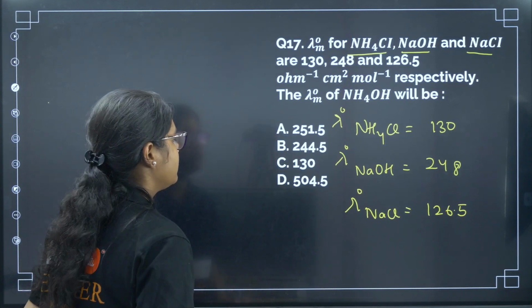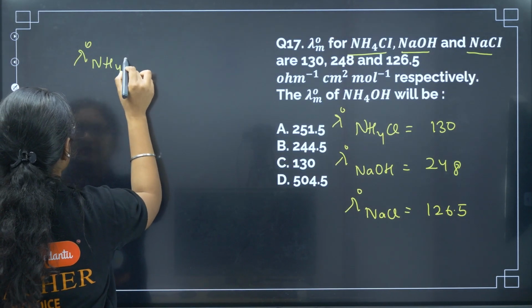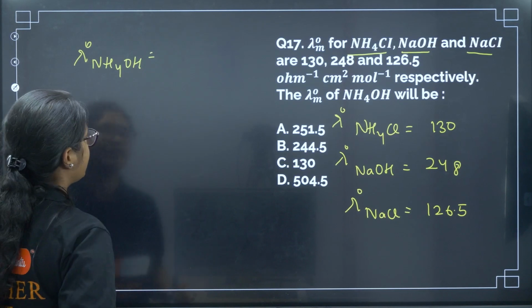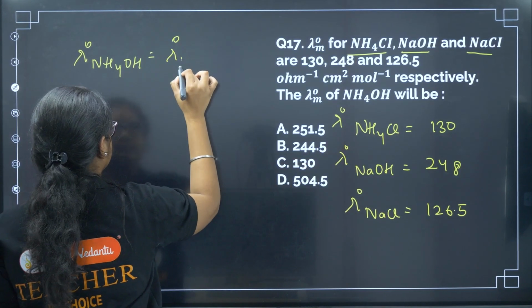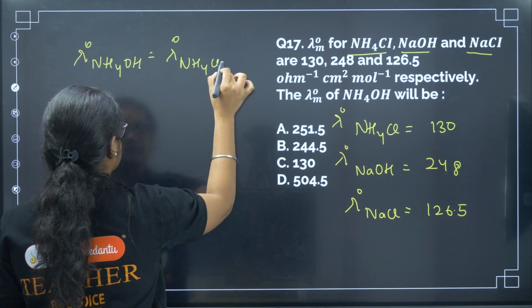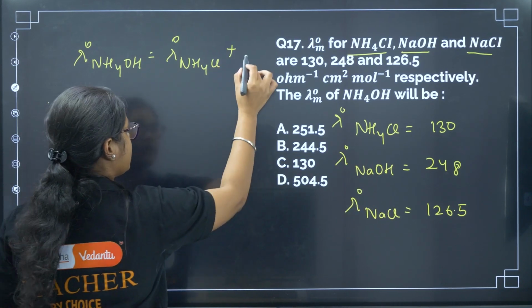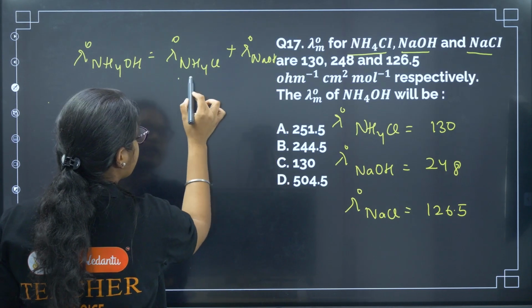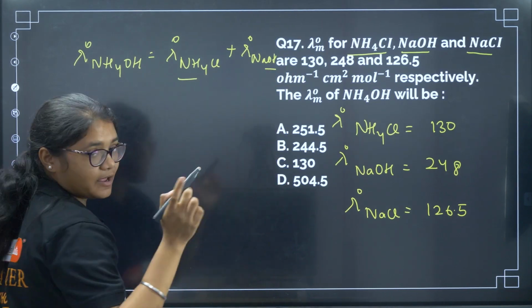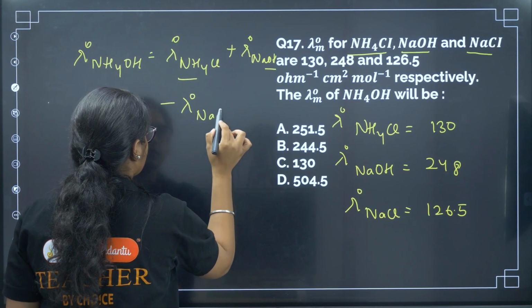We need to calculate for NH4OH, right? So first of all, you see in which compound we will get NH4. That is from NH4Cl. So we'll take first that one. Next, we need OH. OH is present in NaOH. So just add that one, lambda naught of NaOH. Now you see, we will take NH4 and we'll take OH. What is left extra? NaCl. That has to be subtracted. So lambda naught of NaCl.